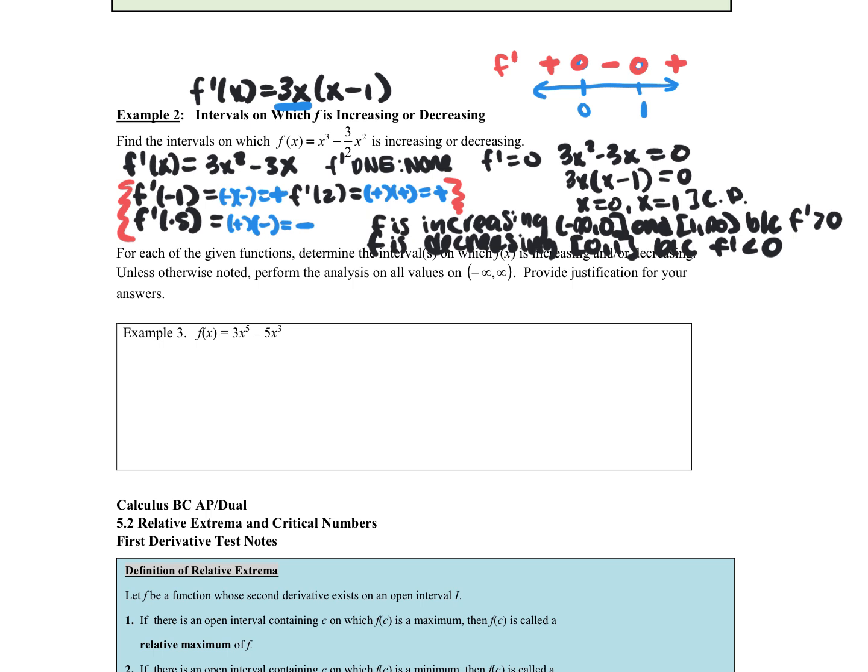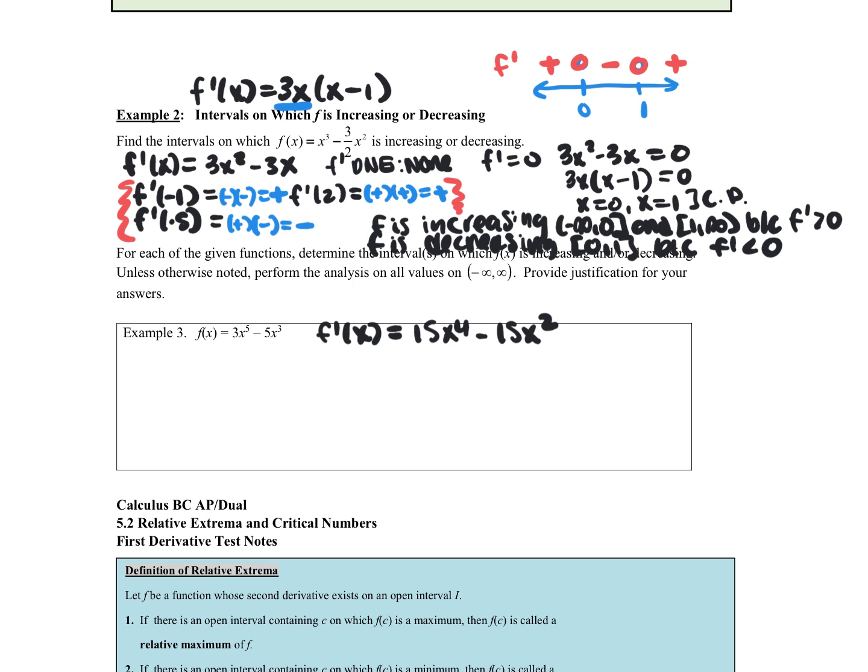Let's do another one. And then we're going to see that we actually know a lot more information from this as well. So this guy here, we're going to take the derivative. Find the critical points first. So this will be 15x to the 4th minus 15x squared.